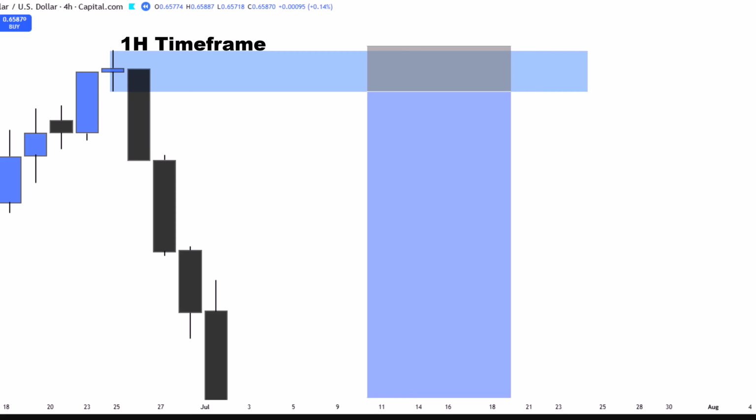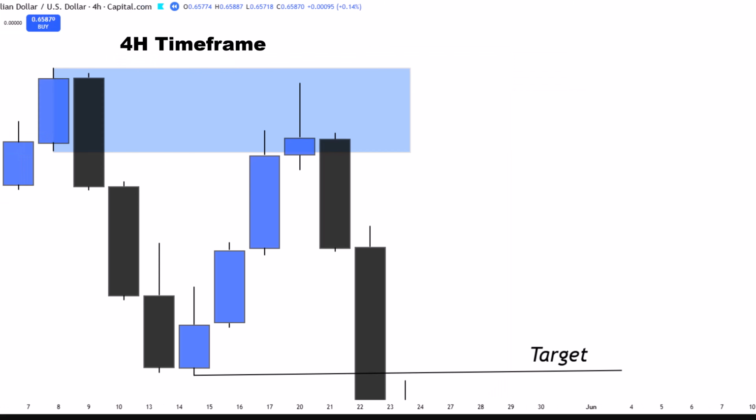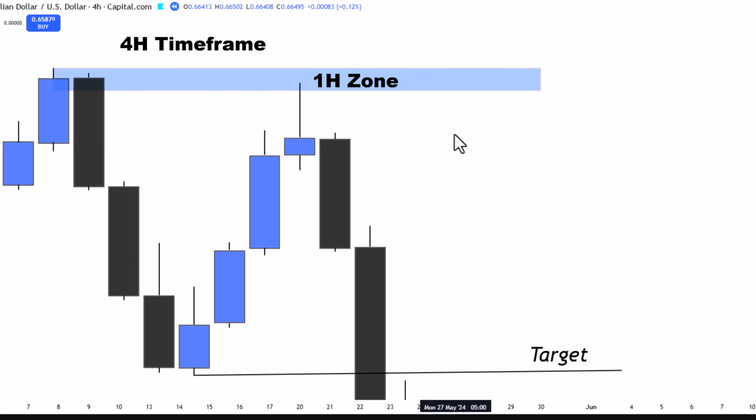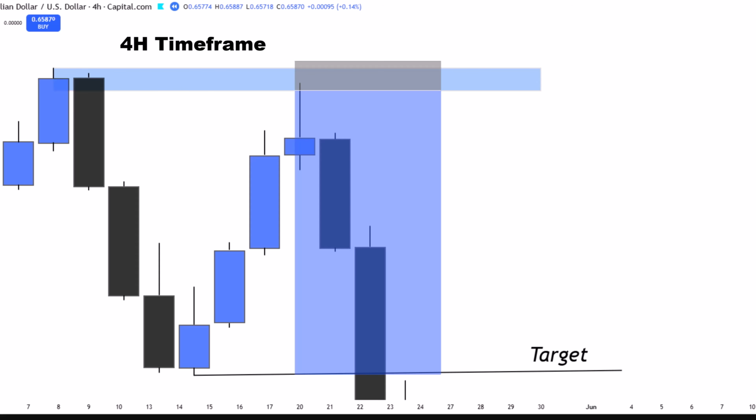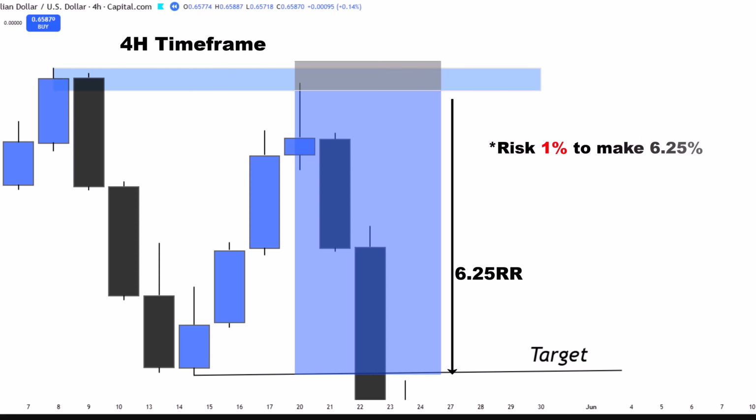If we take it back to the 4-hour time frame, our 4-hour zone refined to the 1-hour zone would look like this, meaning our position would look like this. Same exact trade, same exact target, same selling area. But because we refined, we turned that 1.9 risk-reward trade into a 6.25 risk-reward trade, which means you're risking 1% to make 6.25%.